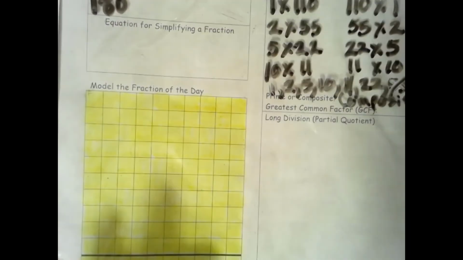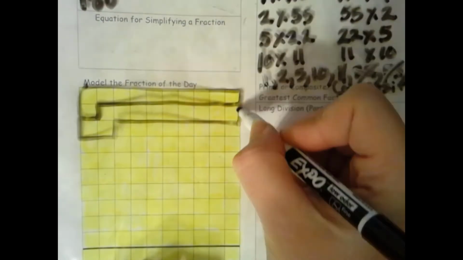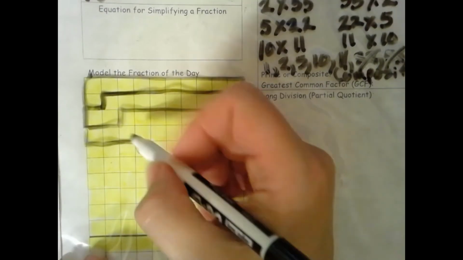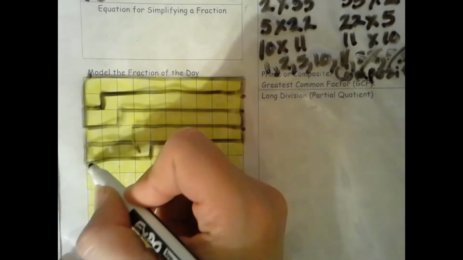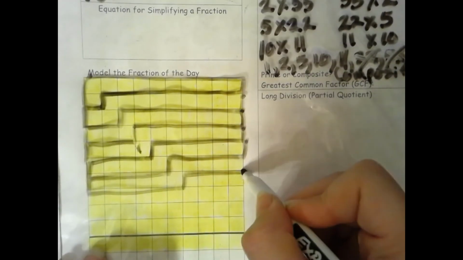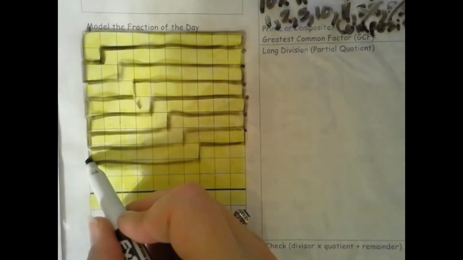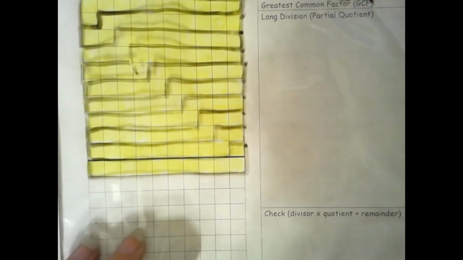Let's try 11. 10 plus 1 is 11. You can use decomposition to help with finding those add-ins that go together to make 11. 3 plus 8, 4 plus 7, 5 plus 6, 6 plus 5, 7 plus 4, 8 plus 3, 9 plus 2, 10 plus 1.